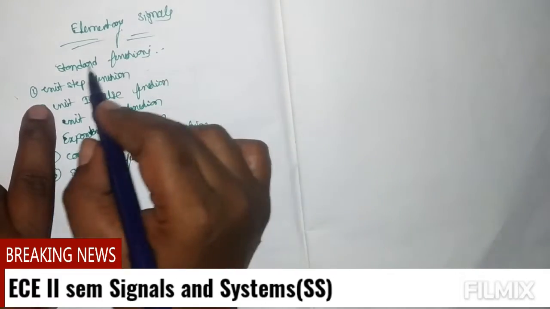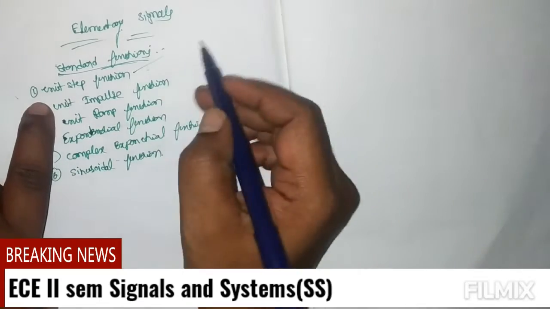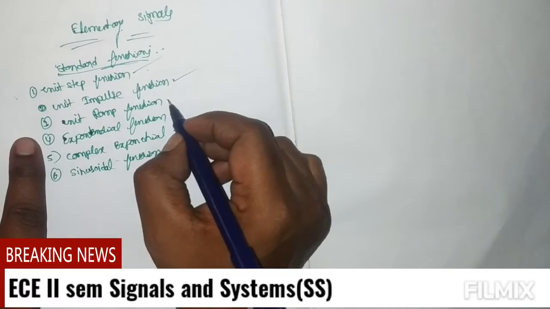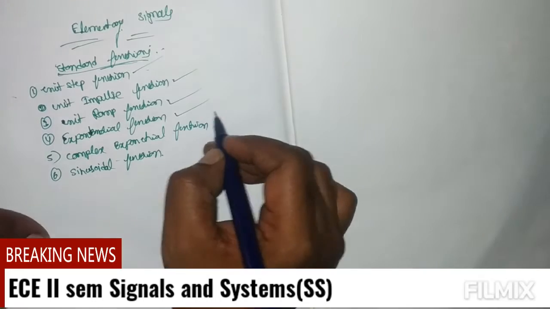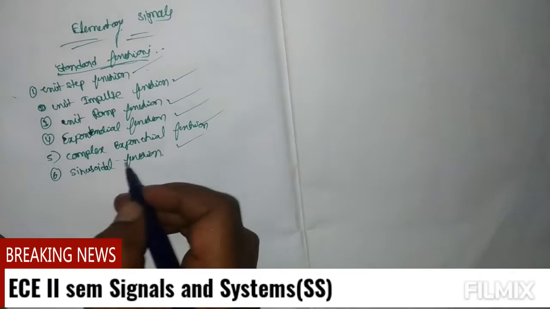Elementary signals are also called the standard functions. They are unit step function, unit impulse function, unit ramp function, exponential function, complex exponential functions, sinusoidal function.